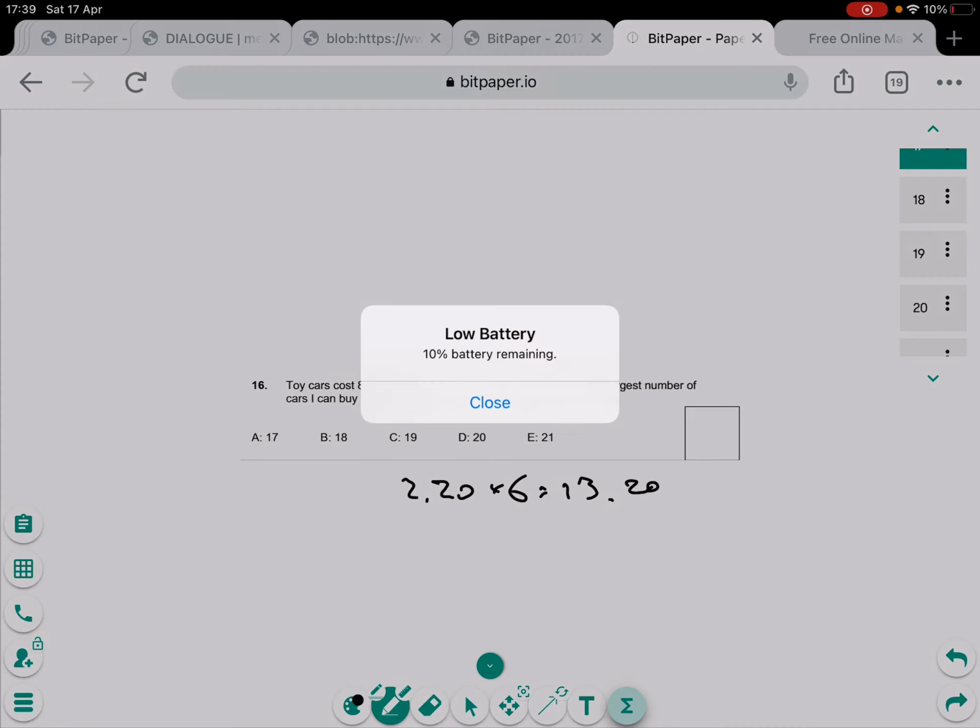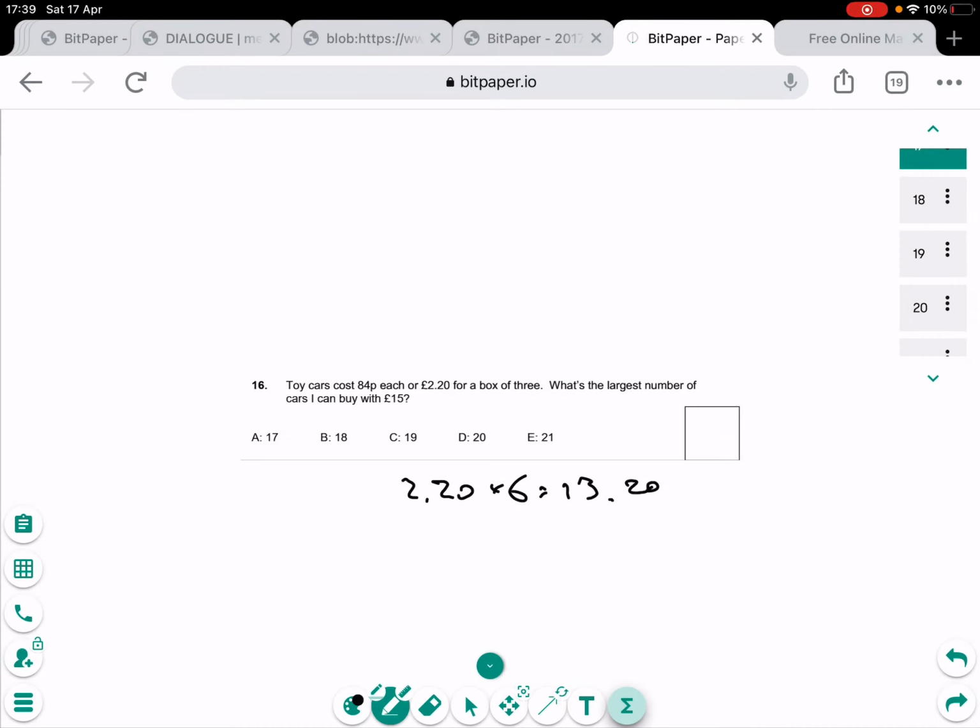So you'll try to add as many 84 pence cars in there as possible. So there's already 6 times 3, which equals 18. So 84 times 2 equals 168 pence, so £1.68. So 18 plus 2 equals 20, which is D.